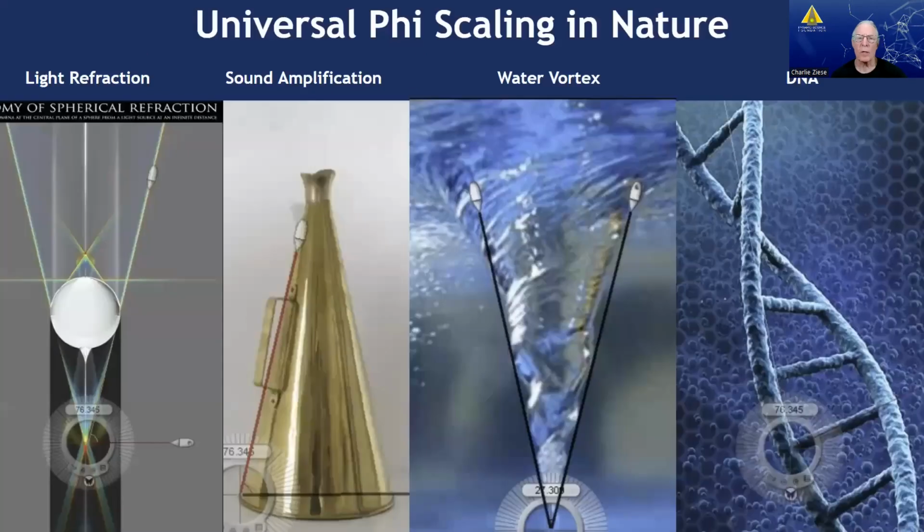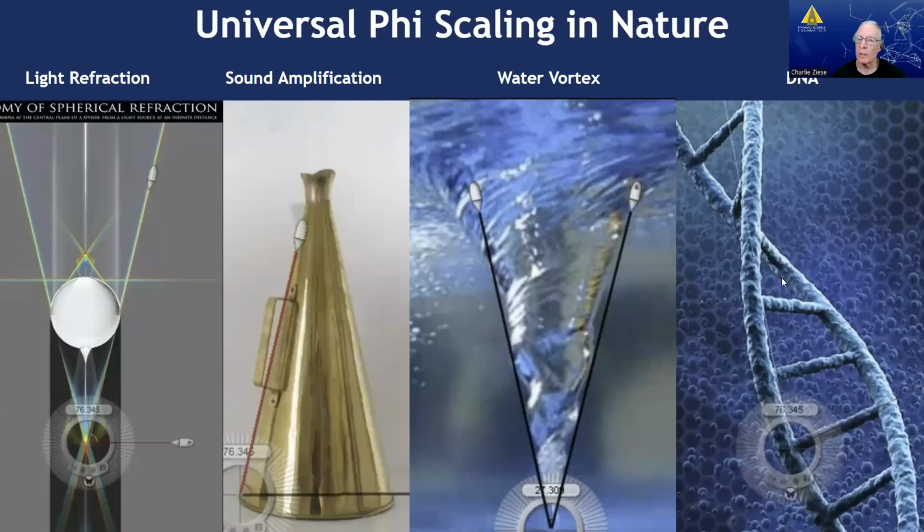So here's some other examples of universal Phi scaling in nature. Light refracts at this geometric angle. We can't see sound, but we can measure the geometry of the megaphone that we know will amplify the sound, and it's the same number. We can find this in water vortexes.